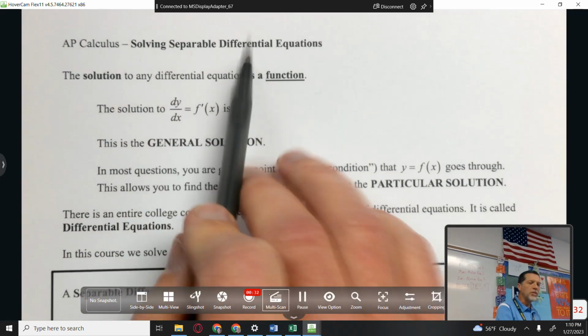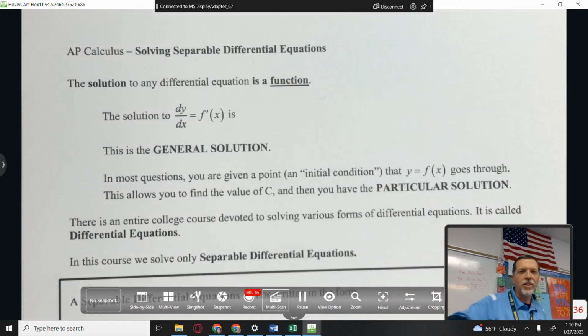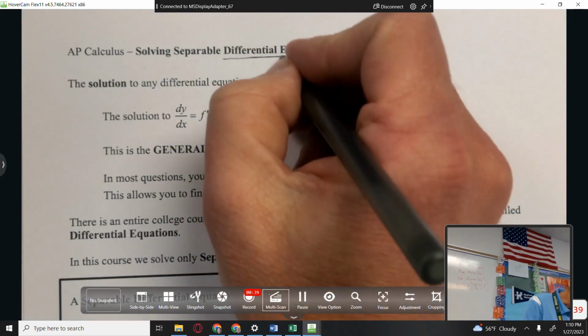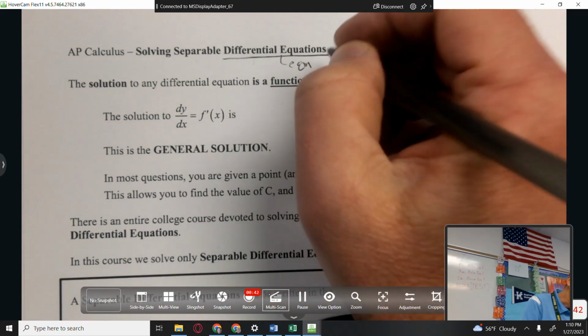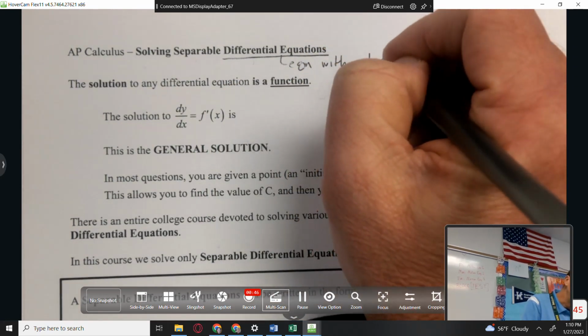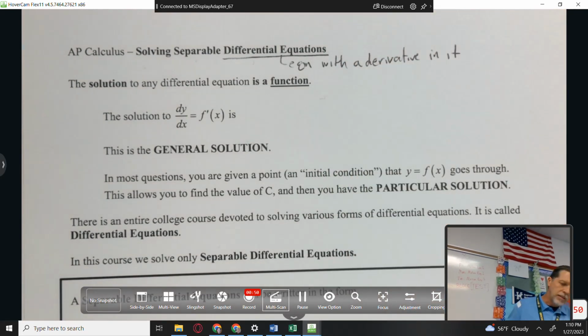All right, solving separable differential equations. We'll assume you know what an equation is. A differential equation is an equation with a derivative in it. Built into the equation is a derivative. It's part of the equation.